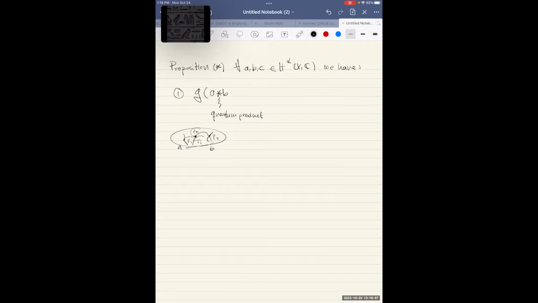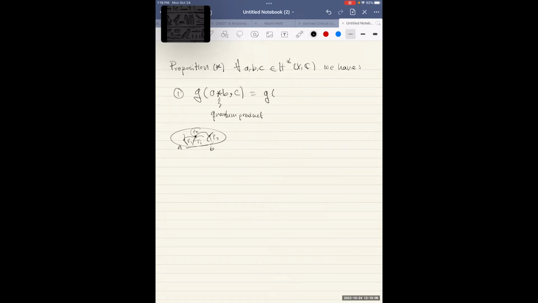So that defines the A star product B, which is a homology or cohomology class, and I can take its intersection with the third cohomology class, g.